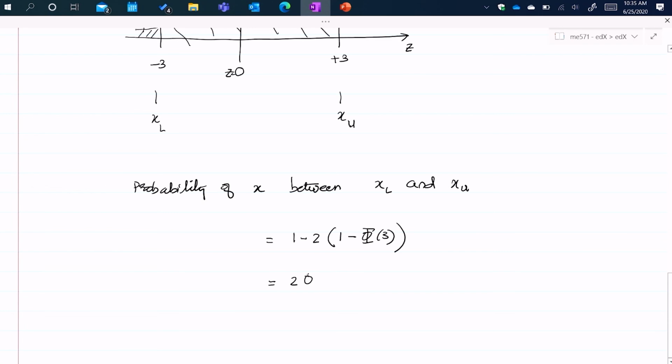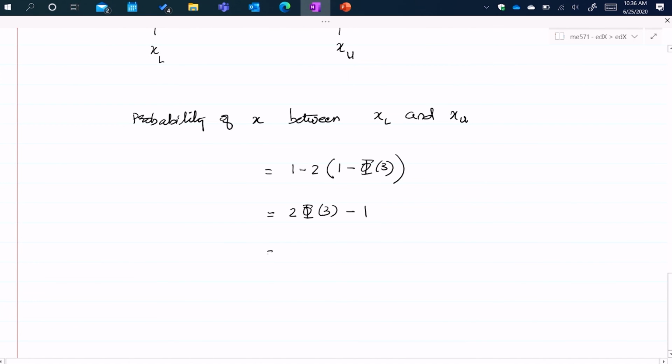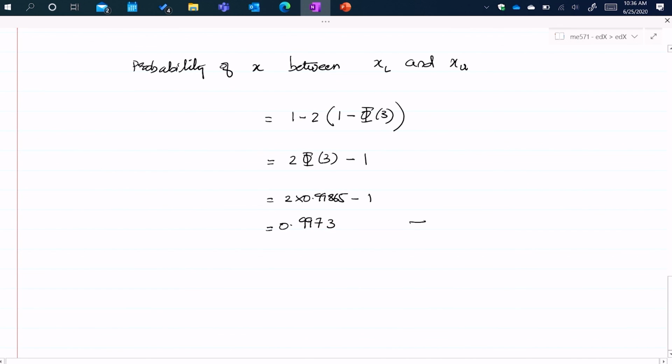This is equal to 2 times phi of 3 minus 1, and that's equal to 2 times 0.99865 minus 1, which is 0.9973. So in other words, between the limits of plus or minus 3 sigma, the acceptable population would be 99.7%. So this is the plus or minus 3 sigma production capability. That's the population that would lie between plus or minus 3 sigma.